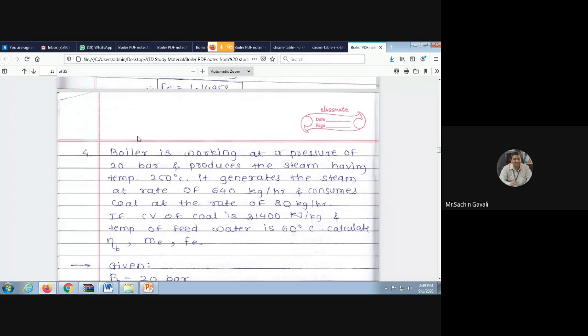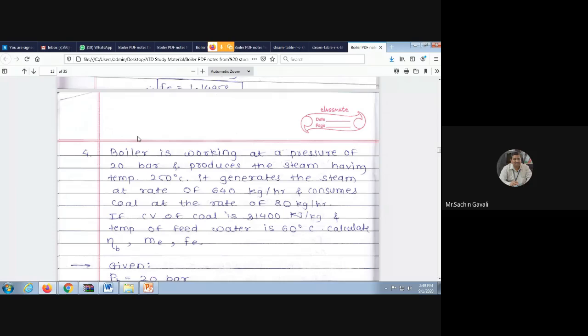This numerical has appeared in exams 2-3 times. It produces steam having temperature 250 degrees Celsius. It generates steam at the rate of 640 kg per hour and consumes coal at the rate of 80 kg per hour.